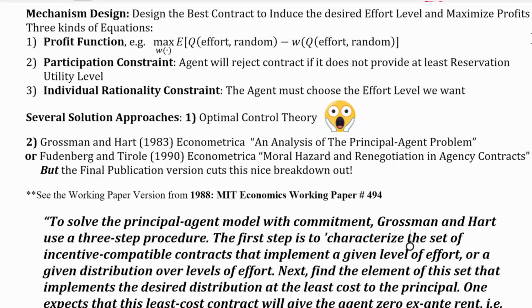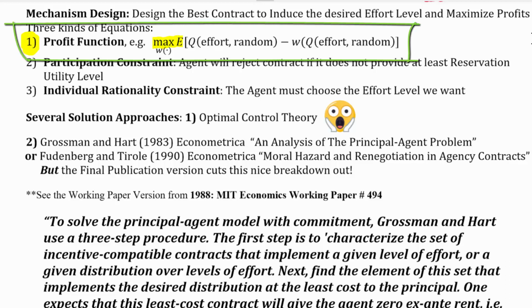Now, when we do this, there are going to be three kinds of equations that we're going to want to think about. First is a profit function. Basically, what is the profit function or the utility function of this principal going to be? What we want to do is maximize the expected value, and what we're choosing here is a wage contract.